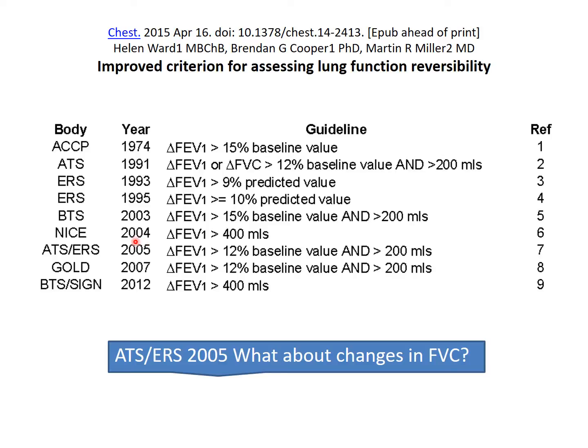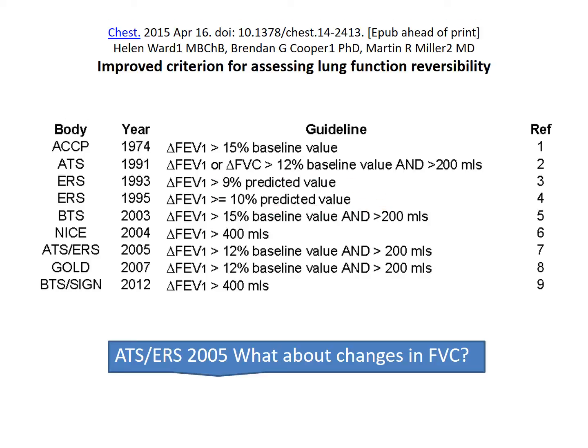This one here, because it does say an increase of 12% and 200 ml in FVC is also significant. And you'll see a couple of recommendations about using the FEV1 % predicted change are in there. Here they are, delta FEV1 predicted.